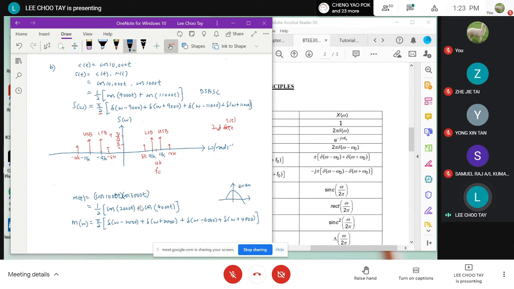So here again you have 4 impulses, at plus 2,000, minus 2,000, plus 4,000 and minus 4,000, all of magnitude pi over 2.